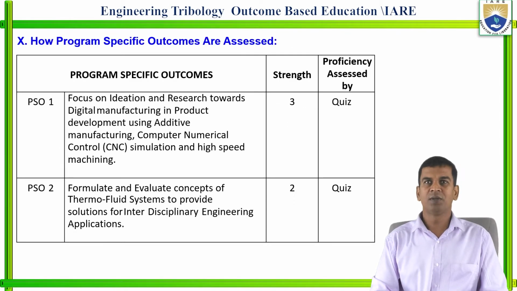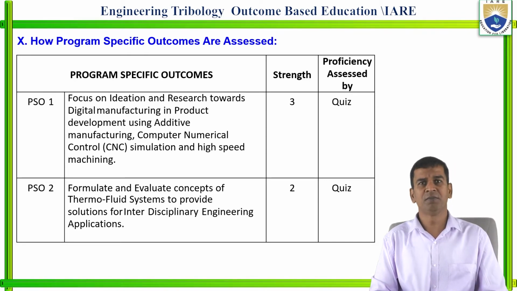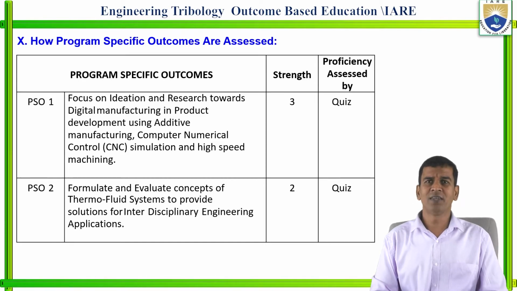Now we will try to see how program specific outcomes are assessed. We will see the program specific outcomes of the mechanical engineering department. PSO1 is nothing but focus on ideation and research towards digital manufacturing, product development using additive manufacturing, computer numerical simulation, and high speed machining.